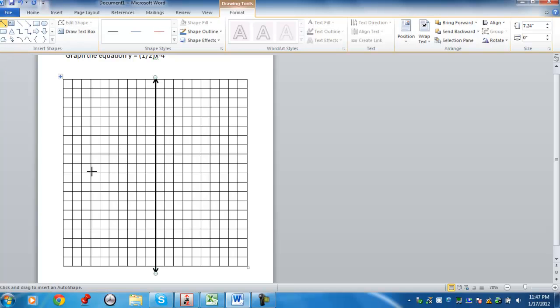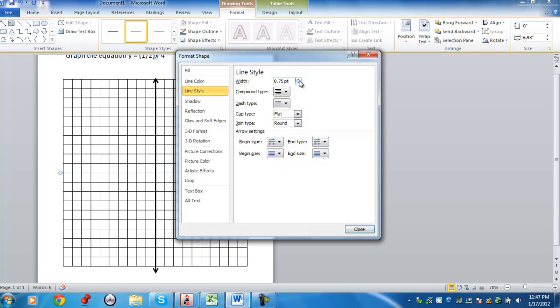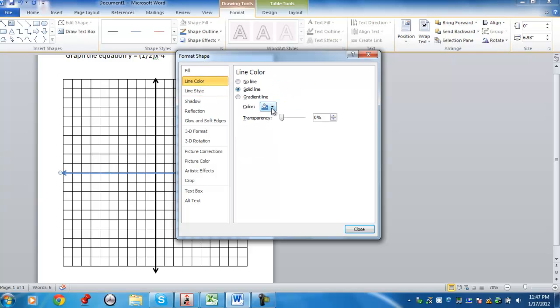Again, use a double arrow. Again, right-click on the arrow, format shape. Again, I'd say 3-point would be good. And the color, again, black.